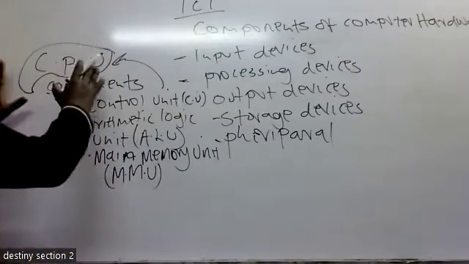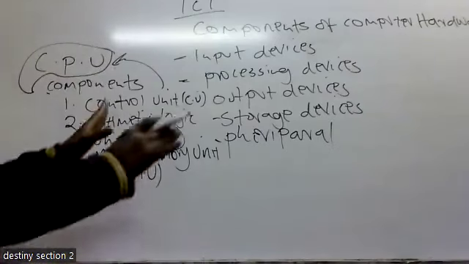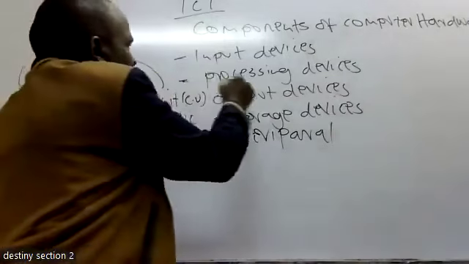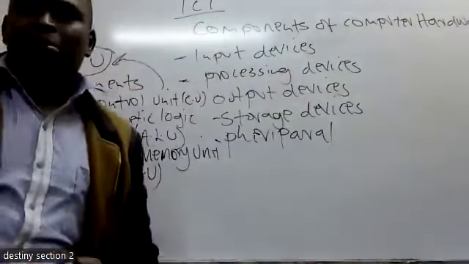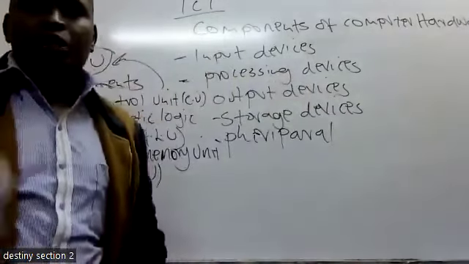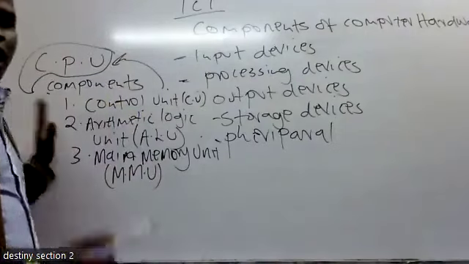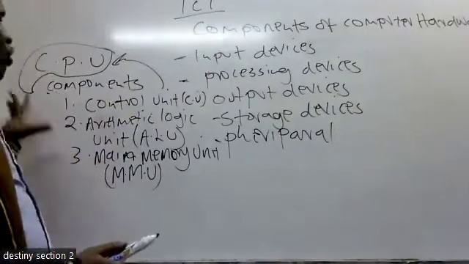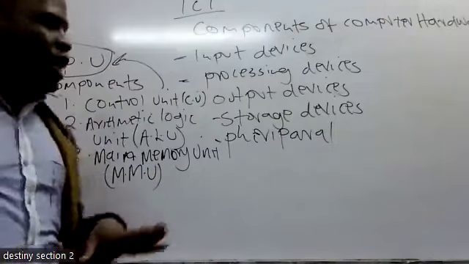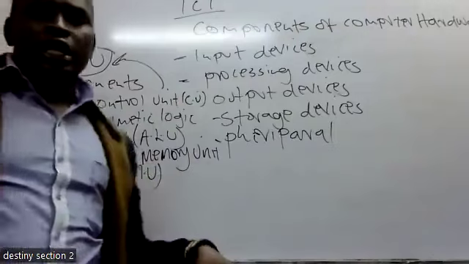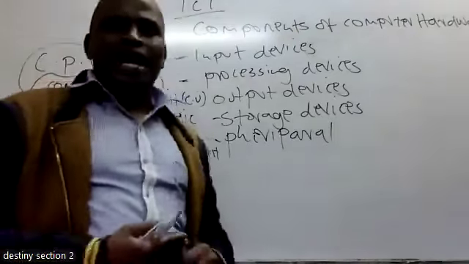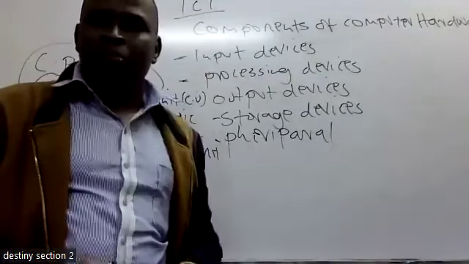So an example of the processing devices in the computer is the CPU. And the CPU has how many components? Three. We have the control unit, which acts as the overall manager in the CPU.